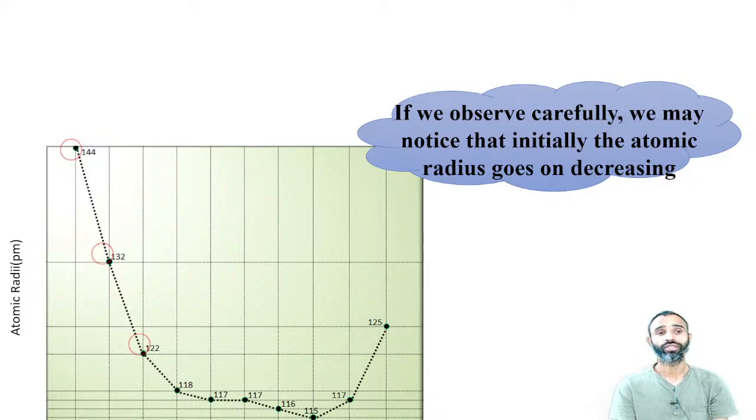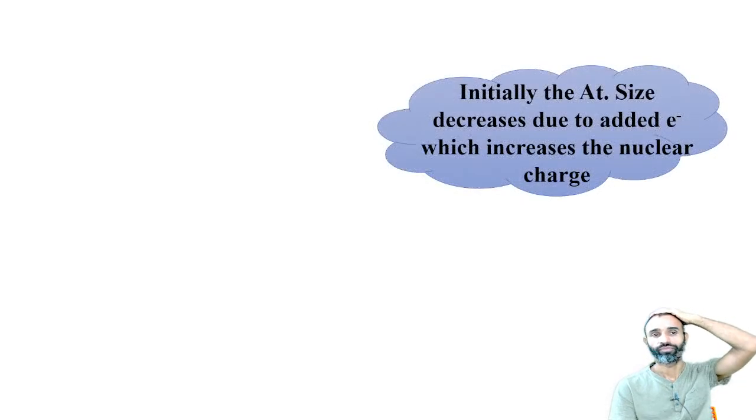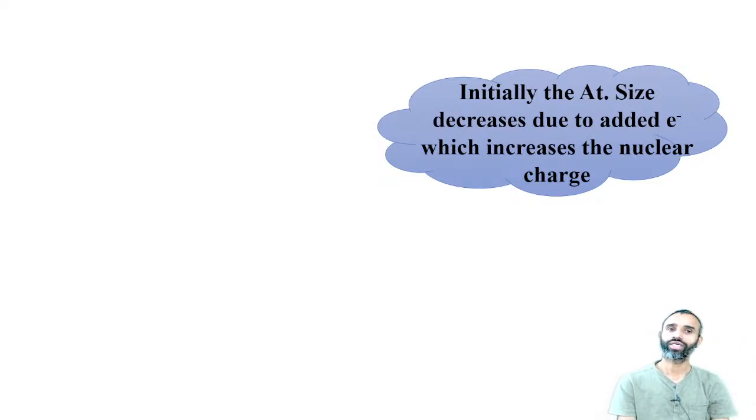So see, initially atomic size decrease is large. Yes. So initially atomic size decreases because nuclear charge is dominating.